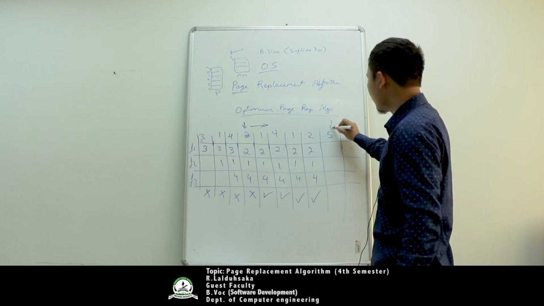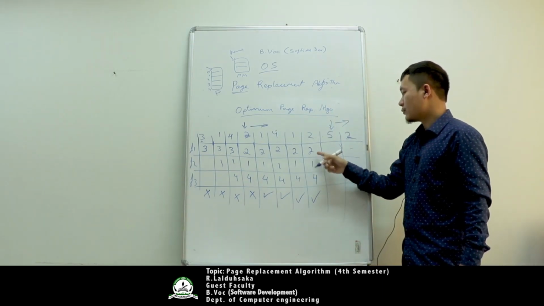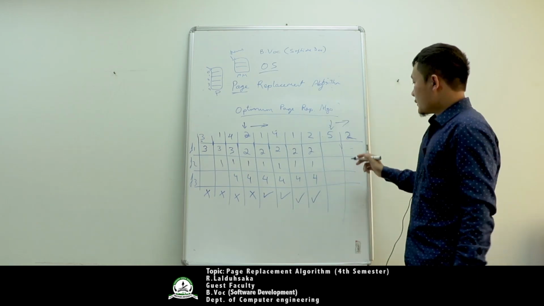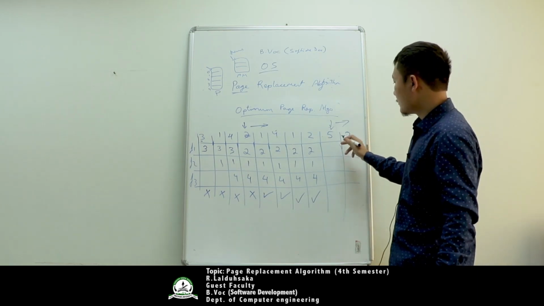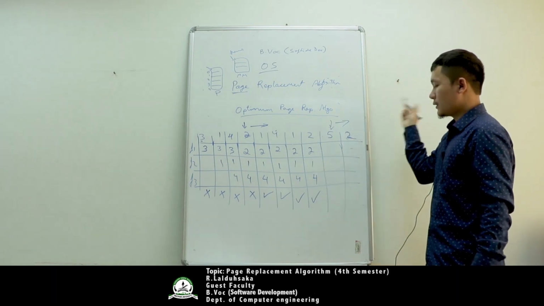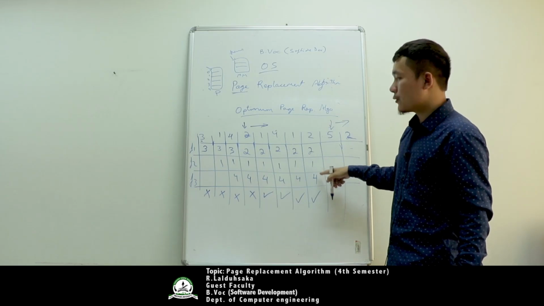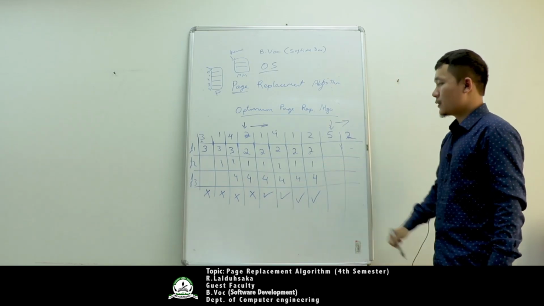From the current position, we look towards the right, checking what is there in the frames 2, 1, and 4. So 2 is already here, 1 and 4 are not there in the future. So we can replace any one of these, 1 and 4.